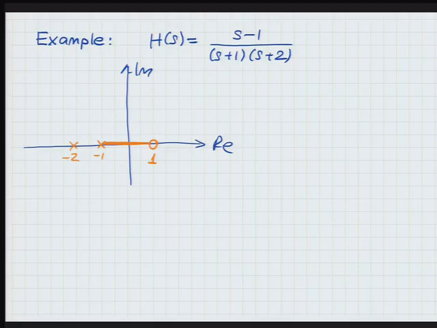Because then you only have 1 zero on your right, an odd number. The moment you go to the left of -1, you have an even number of poles and zeros, so that's not on the root locus. And what else besides this segment? Once you go past to the left of -2, again you have an odd number, so this segment is also on the root locus, okay?